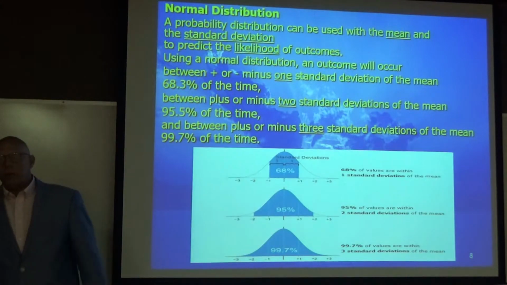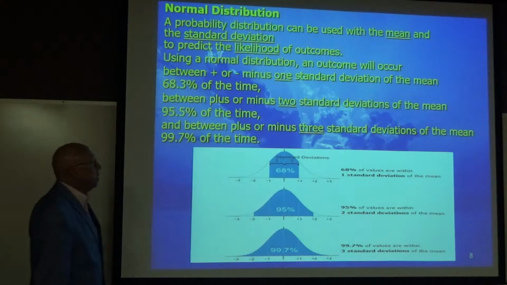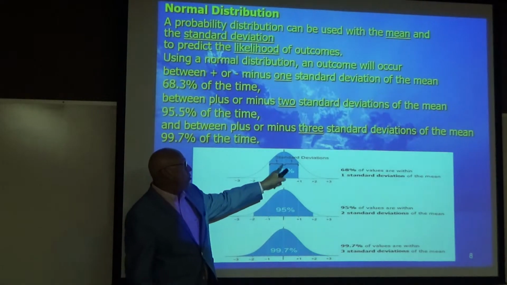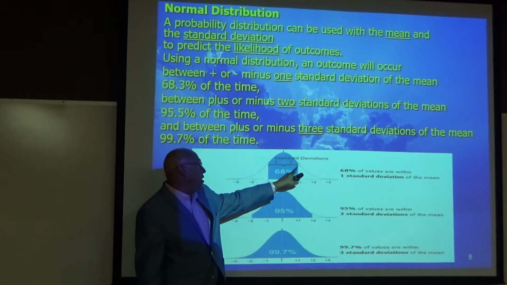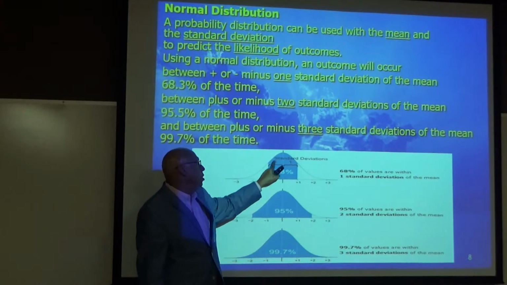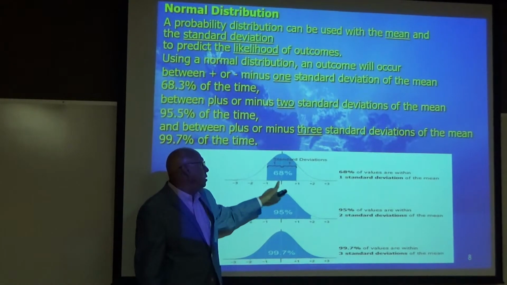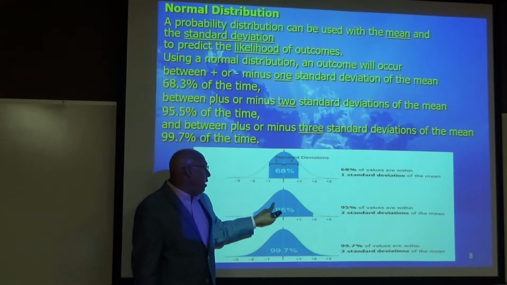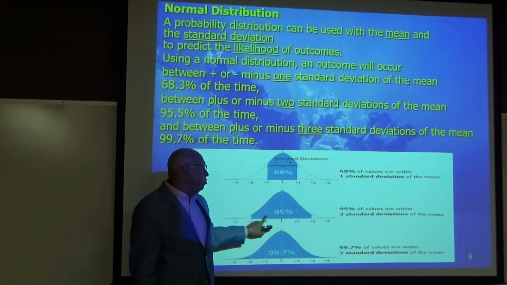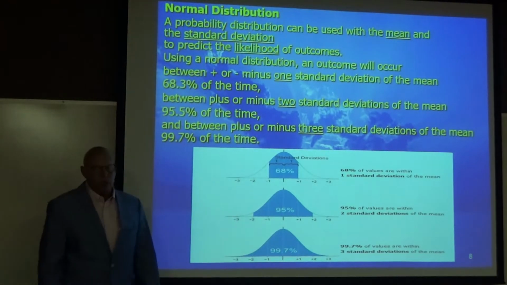Here's a table or a chart that shows what this looks like. 68% of the time, when you know the mean and the standard deviation, with a normal distribution, your outcome, your event will fall in this area. 95% of the time, two standard deviations, and 100% of the time, three standard deviations.